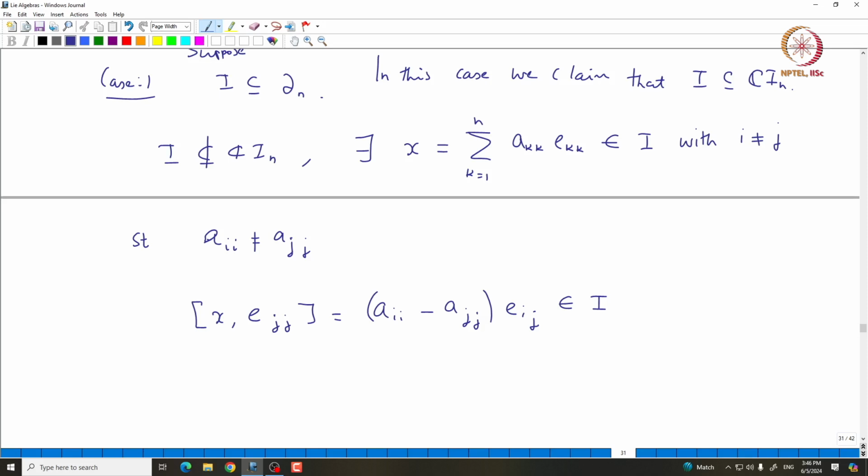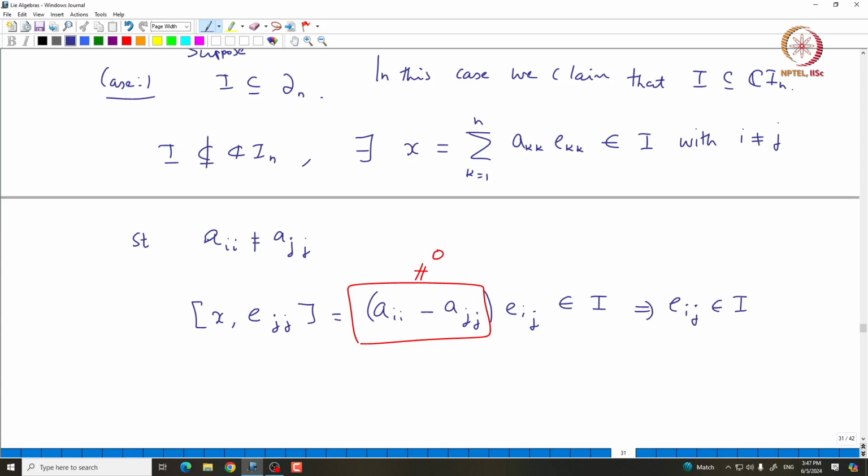Now, a_ii is different from a_jj, that means this coefficient is non-zero. So, that would imply that e_ij must be an element inside I. So, there is no other option.